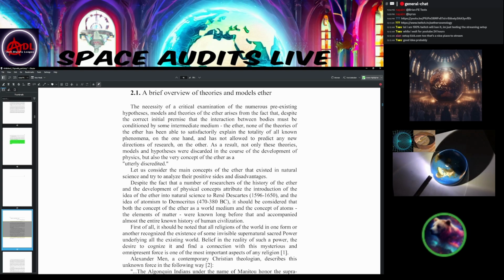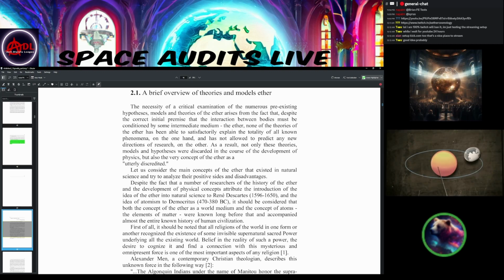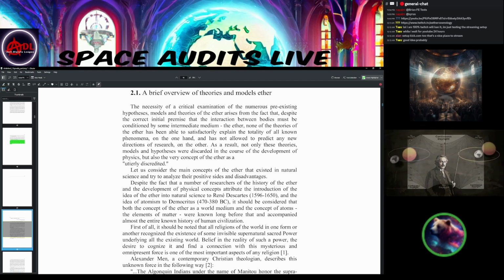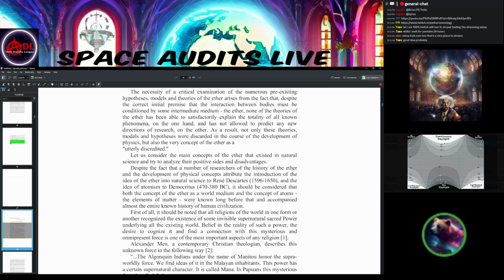As a result, not only were these theories, models, and hypotheses discarded in the course of the development of physics, but also the very concept of the ether was utterly discredited. Let us consider the main concepts of the ether that existed in natural science to try to analyze their positives and disadvantages.